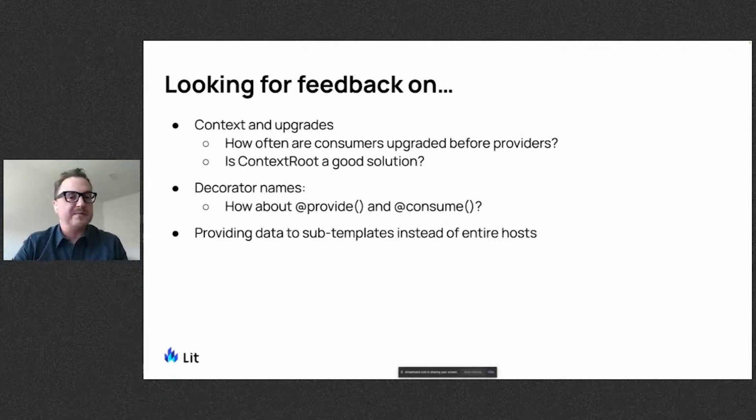So what do we think about renaming them to maybe provide and consume? And then also, we don't have the ability to provide data to separate sub-templates inside of an element, just kind of an entire host element at a time. And we need to see if people really need that or if what we have right now is sufficient.